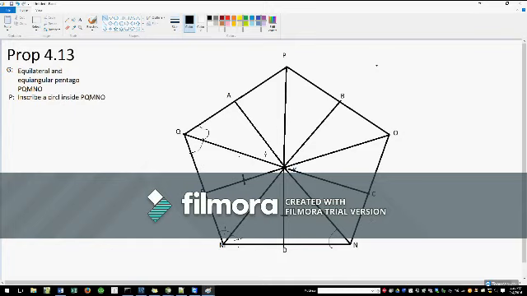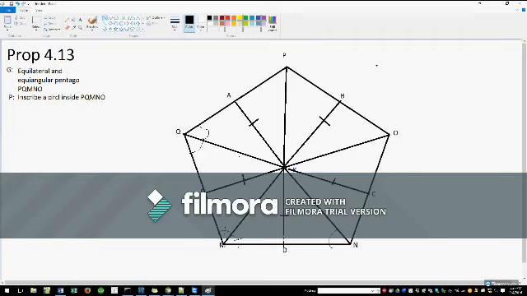Similarly, we can prove that the straight lines AK, BK, and KC are also equal to the straight lines EK and KD.